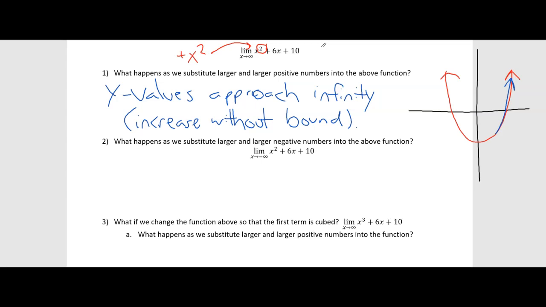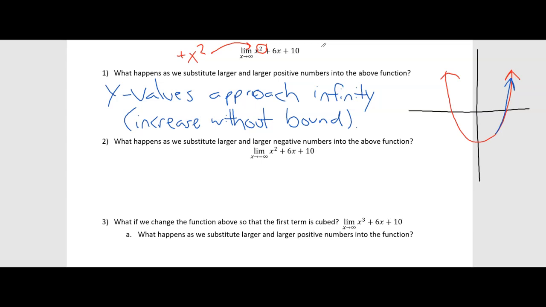If that first term is positive, then as we substitute in positive numbers, that sign's not going to change, right? It's going to stay positive. So without looking at the graph, as the function's x values approach positive infinity, the y values are going to approach positive infinity as well.